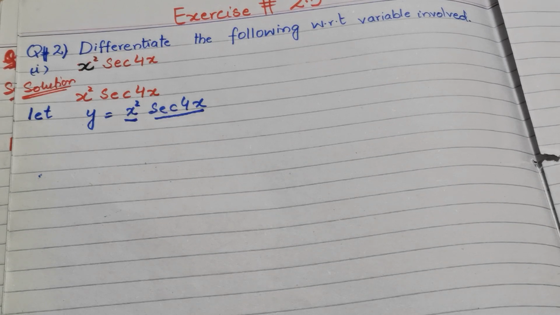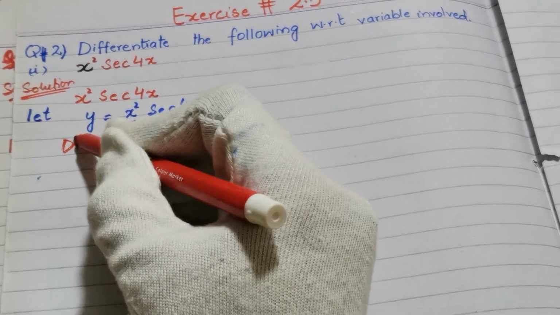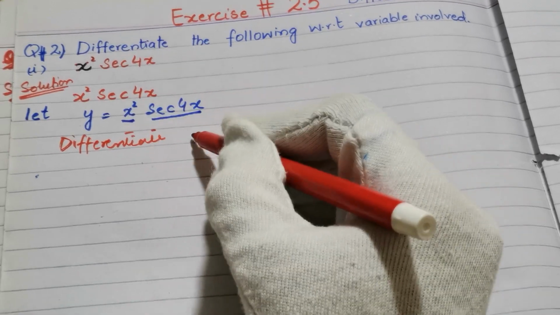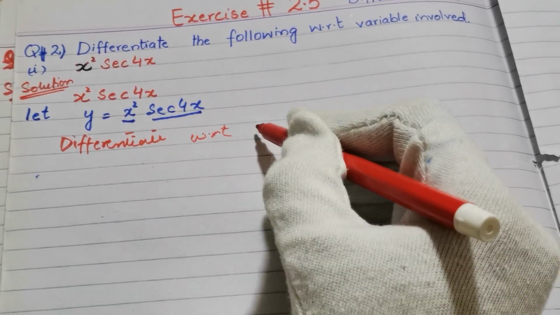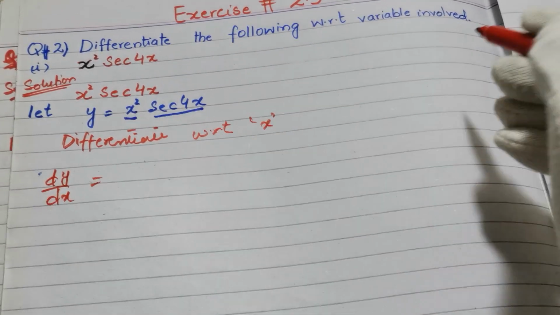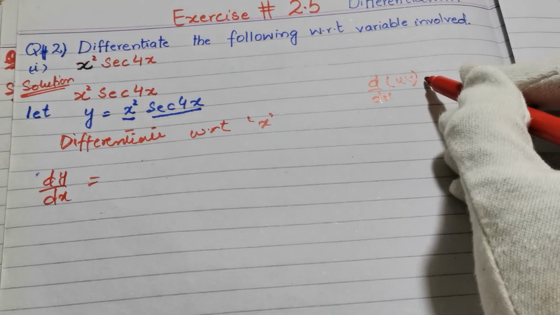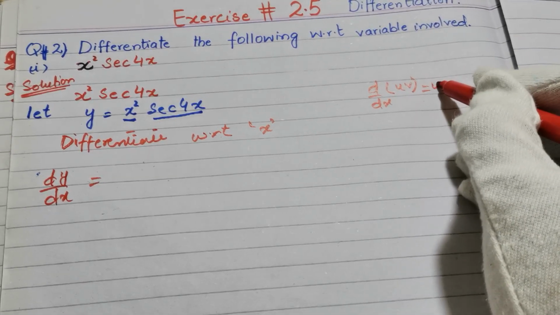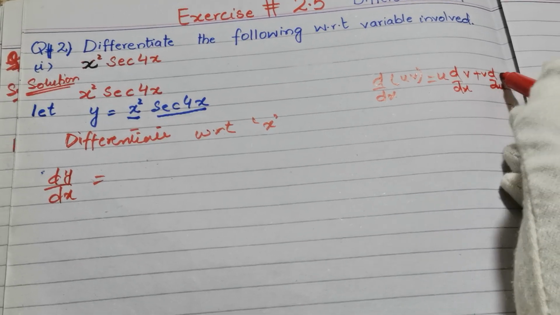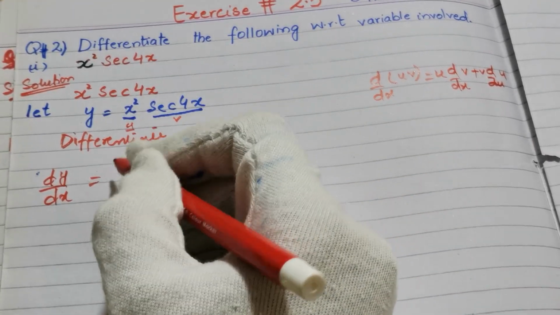On the right side the variable is x, so we will differentiate with respect to x. dy by dx is equal to product rule: for any two products, u derivative of v plus v derivative of u.